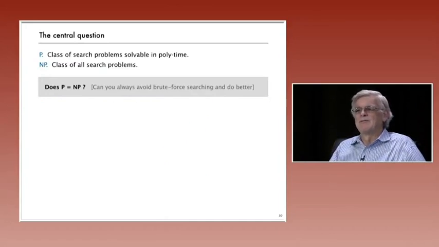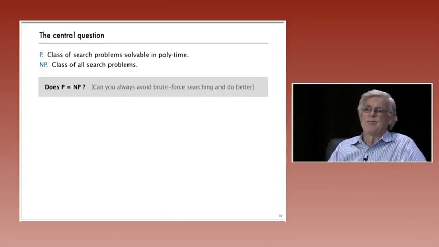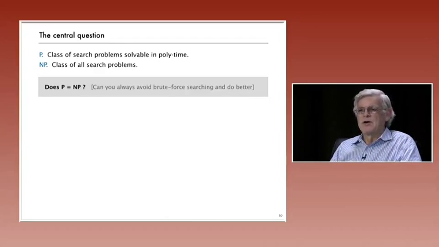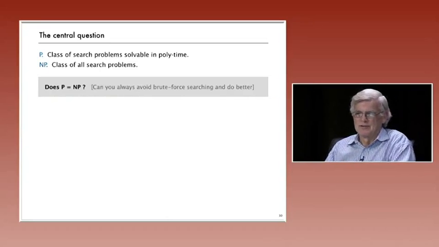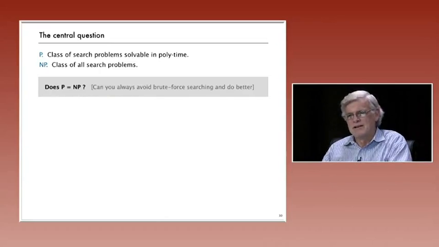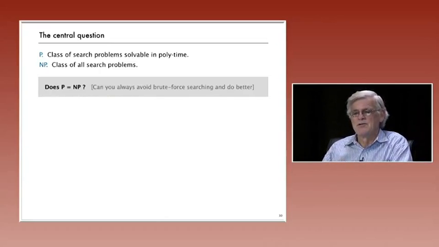Can you always avoid brute force searching and do better? For search problems, since we have a small solution that can be checked in polynomial time, there's always an exponential time solution, which is try all possible solutions. But that's not the question. The question is, can you always do better than that?